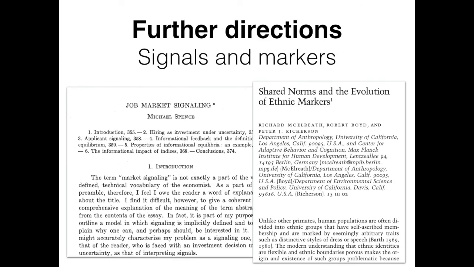Signals and markers. So many norms of behavior are opaque until one is already engaged in the interaction. If a person could express signals about their likely normative portfolio, those signals would enable more effective assortment on norms and more efficient coordination. An early treatment of this idea is provided by the economist Michael Spence in 1973, specifically in the context of how employers evaluate potential employees, but it's a good paper and has some very general principles about signaling.